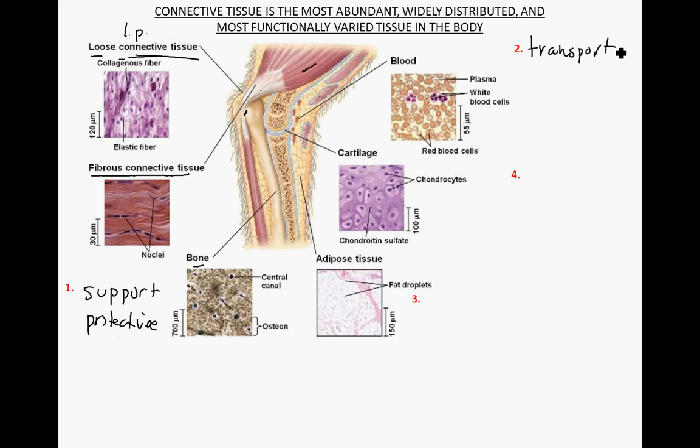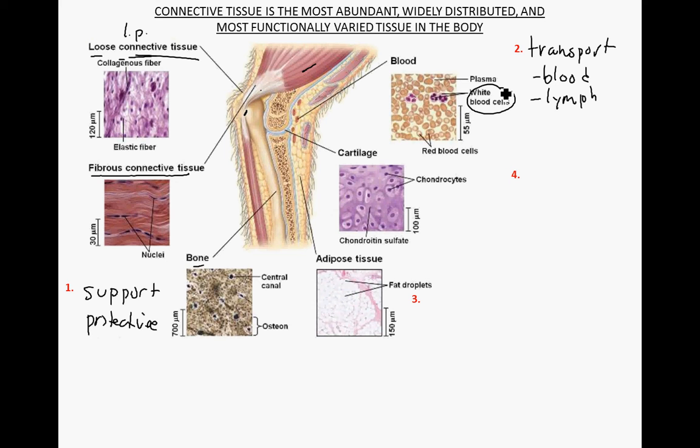And it is the only liquid or fluid connective tissue there. When we talk about blood, we will also talk about lymph as an extension of that blood, and this is where white blood cells migrate between the blood and the lymph. So lymph can also be considered a fluid connective tissue involved with transporting.